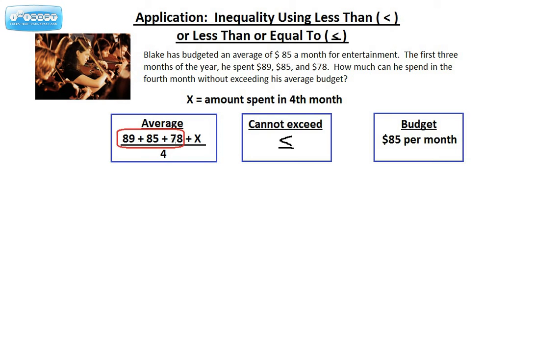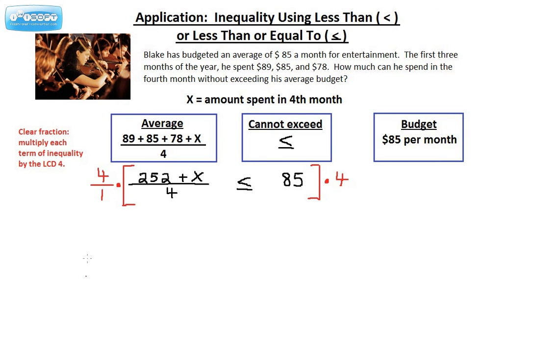First, let's add our 3 numbers together in the first part of the inequality. Next, let's clear our fraction by multiplying each term of the inequality by our common denominator 4. Here I've put 4 over 1 because I'm multiplying it by a fraction.